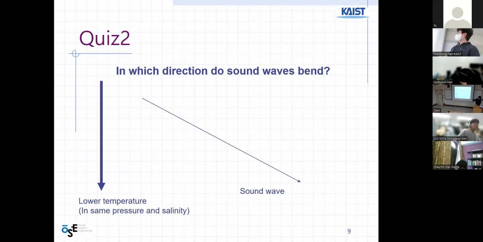And this is quiz 2: in which direction do the sound waves bend, if at deeper places there is lower temperature and the same pressure and salinity? It means a deeper place has a lower sound speed, and here is a higher sound speed. So it rotates toward lower sound speed.